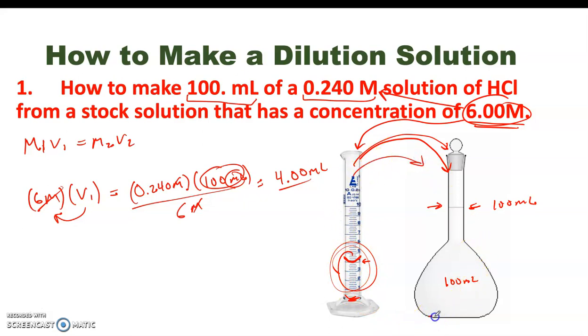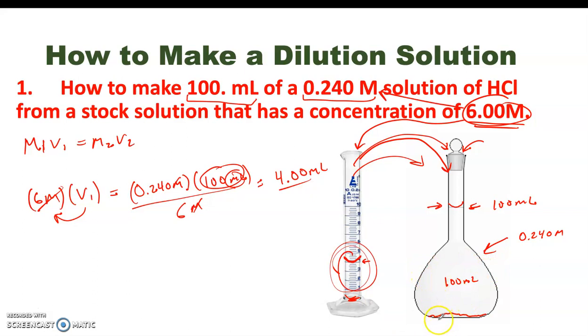So now I've got 4 milliliters in here, so just a tiny little bit of liquid on the bottom. And then at this point, I would just add water until it gets up to the 100 milliliter line. And at that point, I know that my concentration is 0.240 molar. And you might be like, well, don't you have to fill it halfway and swirl it?